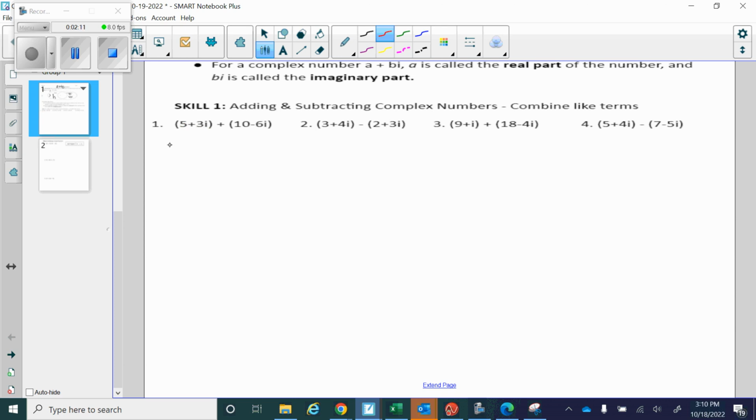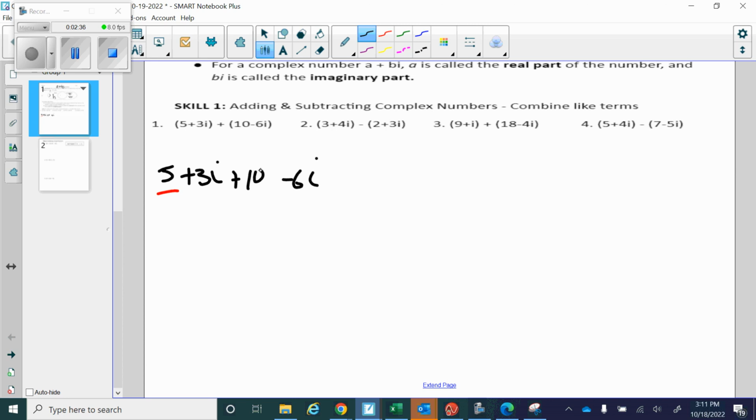So when we add these numbers, all we're going to do is combine like terms. All right. So let's do the first one. I'm going to remove the parentheses, and so I'm going to have 5 plus 3i plus 10 minus 6i. So let's combine like terms.